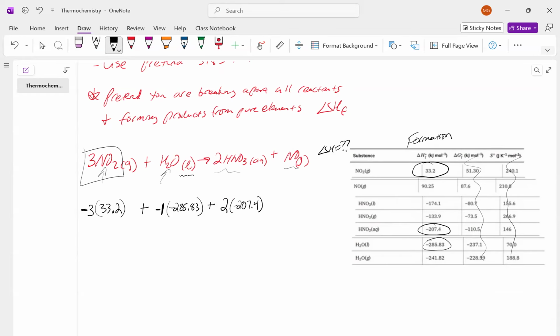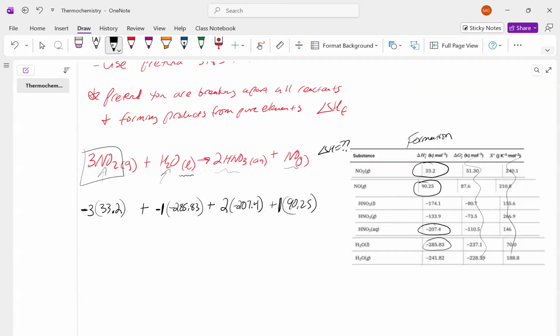I am not going to change the sign because I am forming HNO3. And then I'm going to look up NO. There it is, 90.25. Its stoichiometric coefficient is 1. Again, I am not going to change its sign because it's a product.